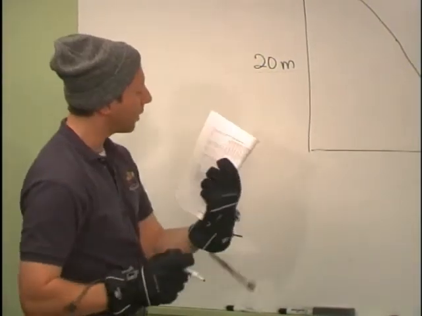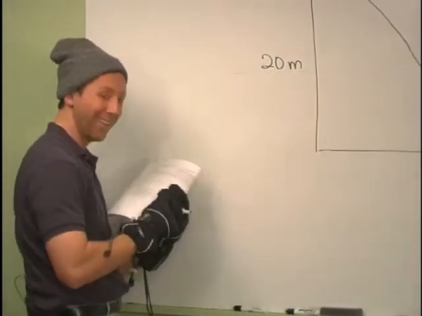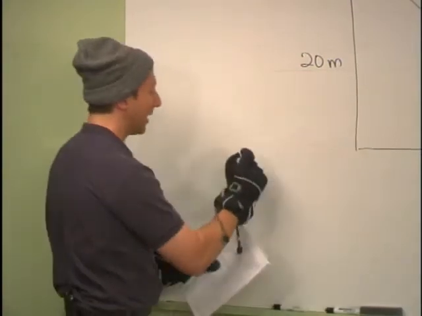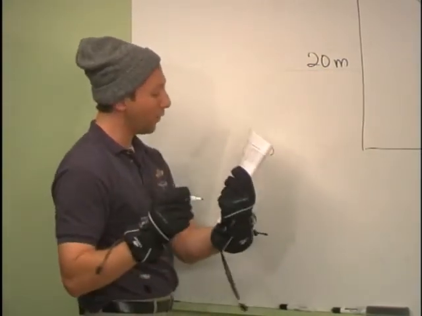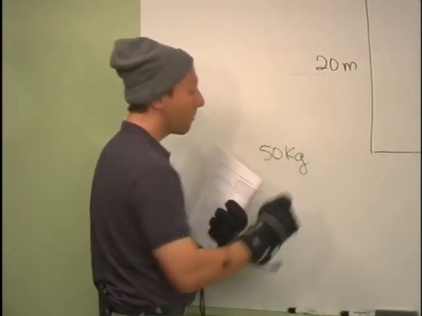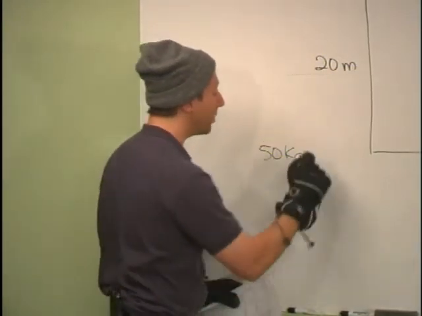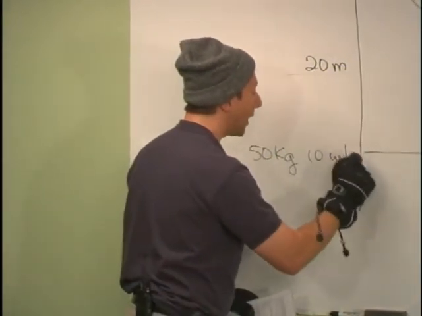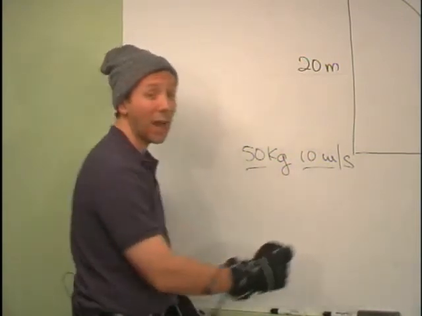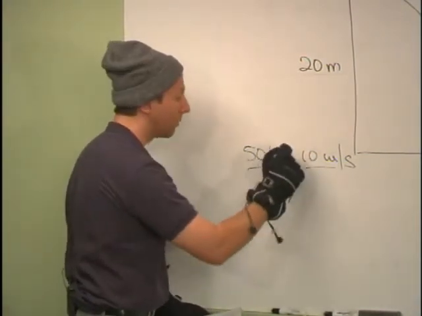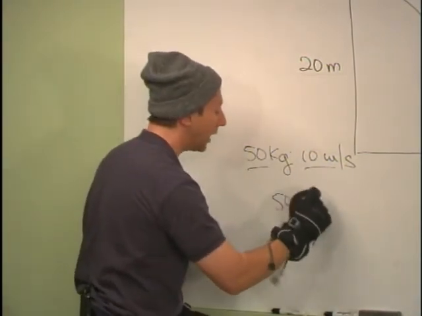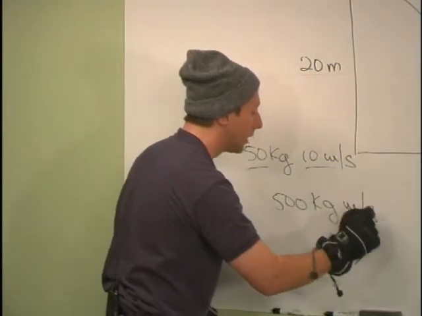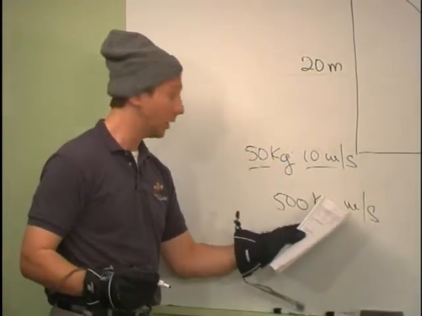We got the sled and rider, which, really difficult to write with gloves on, are a 50 kilogram mass, and it's moving initially at 10 meters per second. So what we've got here is a mass times a velocity, which is going to give us a momentum. They've got 500 kilogram meter per second units of initial momentum.